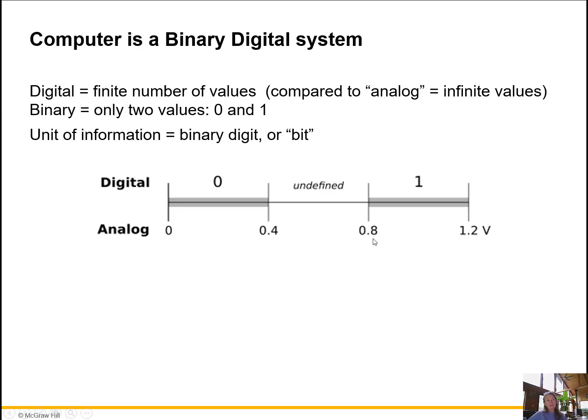If we have a voltage that's between 0.8 and 1.2, we're calling that a 1. Anything in between, that's no man's land. I don't know what the little logic gate is going to consider that. It could consider it a 1, it might consider it a 0. That is going to be called noise. That's going to be something that I really have no idea what it's going to do.